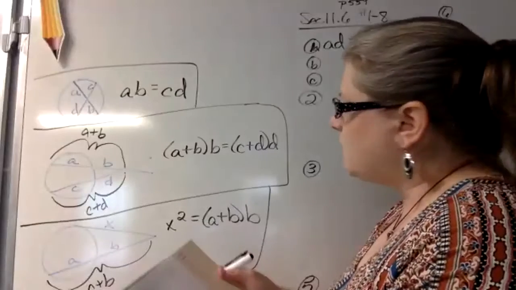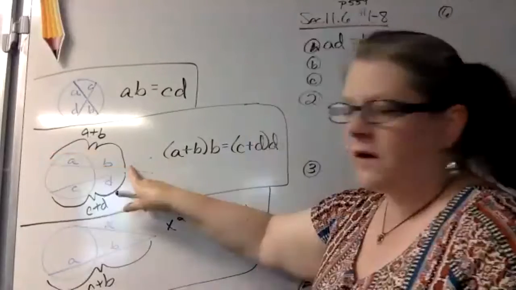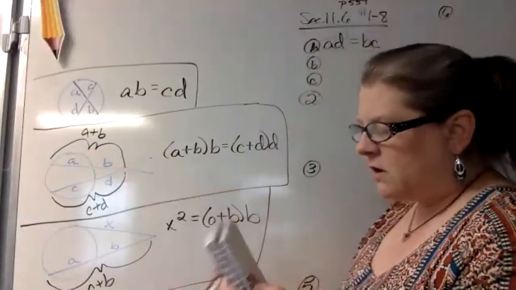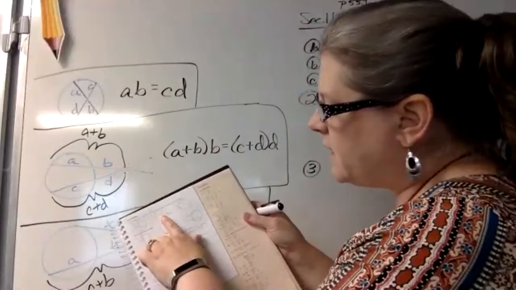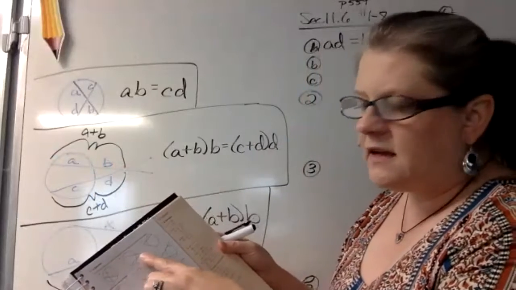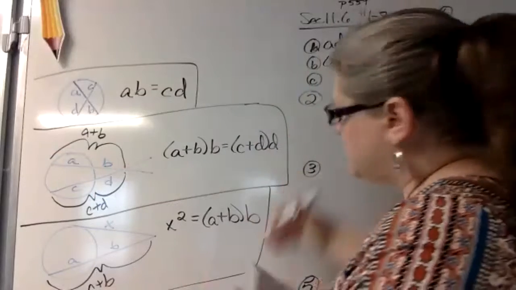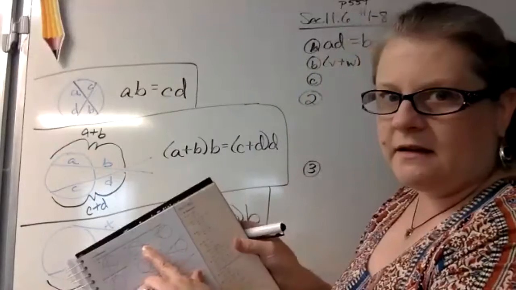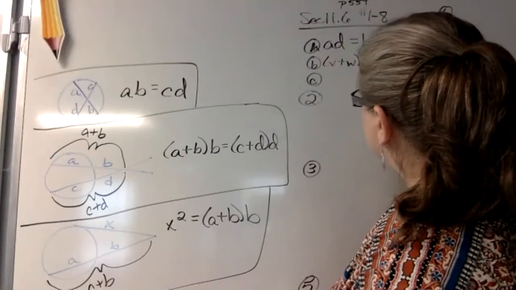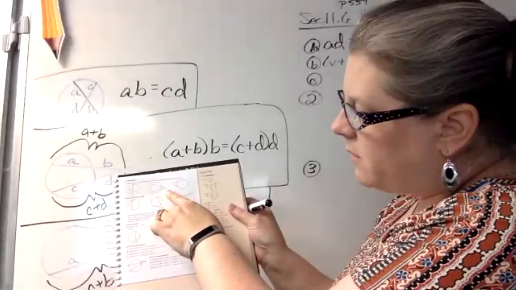Now you'll notice what we did is we took the whole segment first, and then we multiplied it by the part outside. So my whole segment on the top is V plus W. That secant on the top would be V plus W. And then I multiply that by the piece outside, which is the W. And then I do the same for the secant on the bottom. The entire secant on the bottom is T plus U.